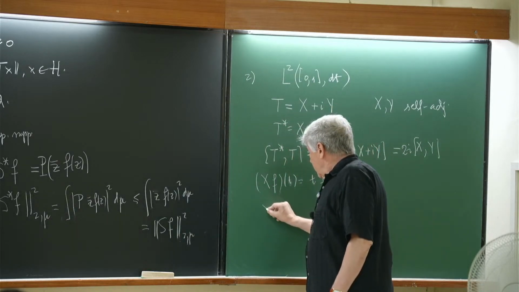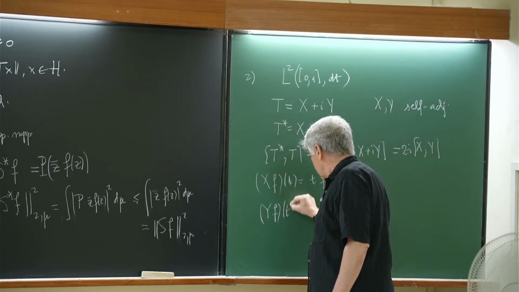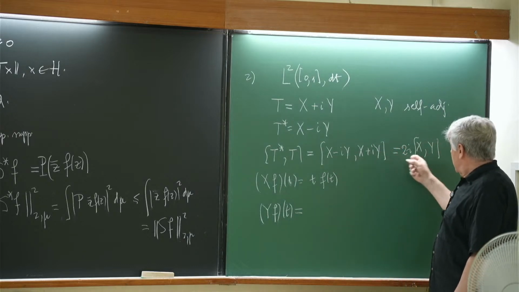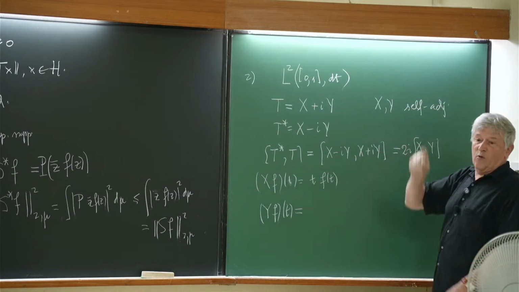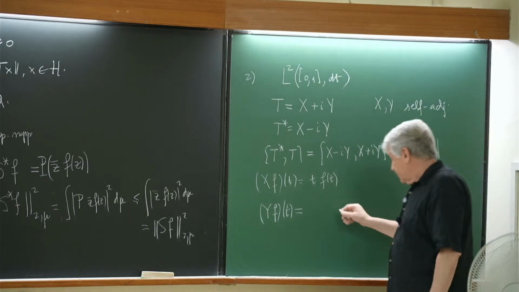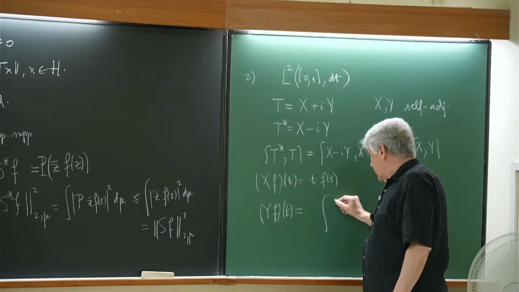Let's try to produce with Y something which has, let's say, a rank 1 commutator. And I'll do the following. I take a Hilbert transform.